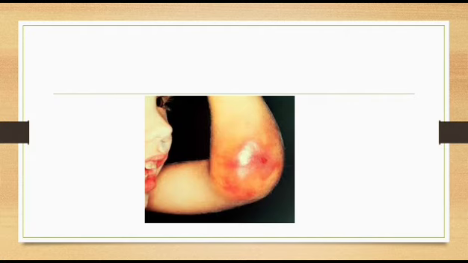Here, the joint, this is an elbow joint, is suffering from massive bleeding leading to swelling and redness of the joint, and this occurs usually in hemophilia, because in hemophilia the classical clinical feature is bleeding into joints.